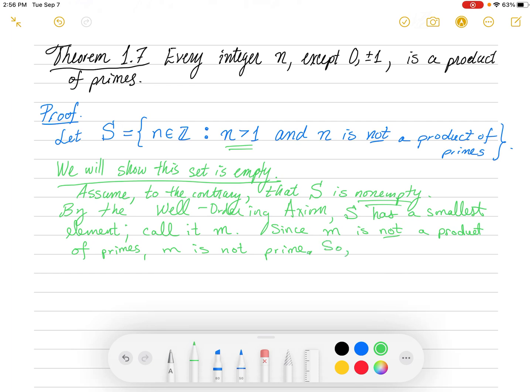Now, we know M is bigger than 1 because it's in the set S. So M, which is bigger than 1, has to have positive divisors besides 1 or itself, M. M is not prime, and it's bigger than 1, so it has positive divisors besides 1 or itself.